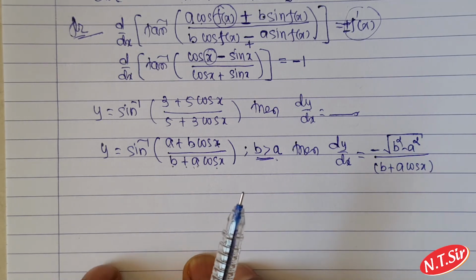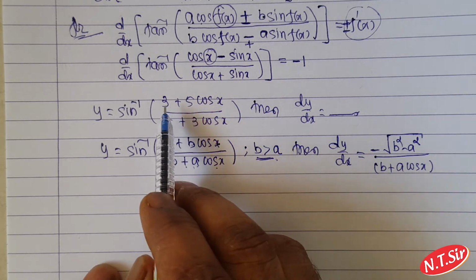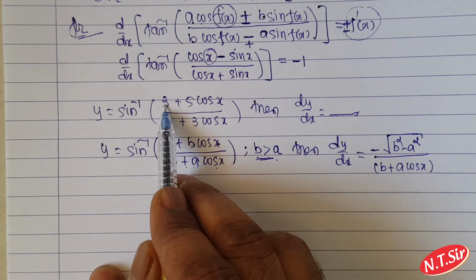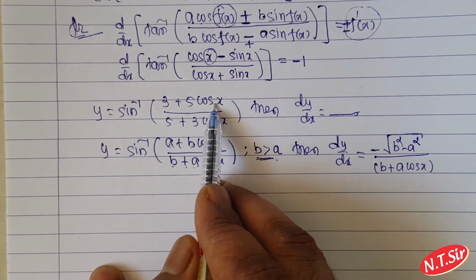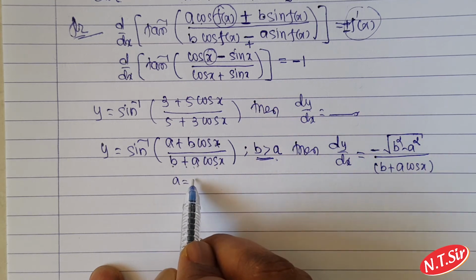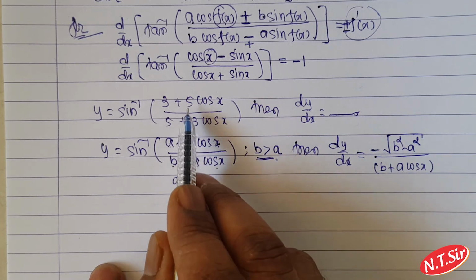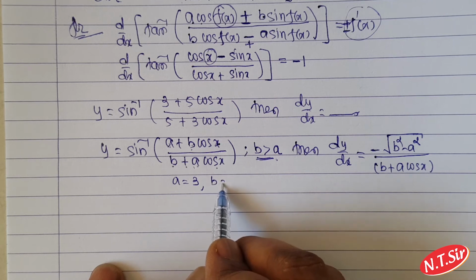So in this given example, what is a here? Comparing with a plus b cos x, a is 3 and b is 5.